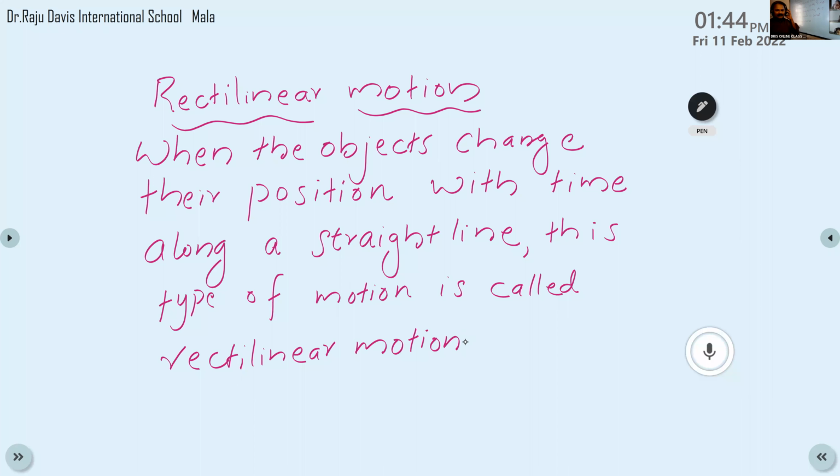Tanya, what is rectilinear motion? When the object changes its position with time along a straight line, this type of motion is known as rectilinear motion. Right. Then Ayman, what is rectilinear motion?